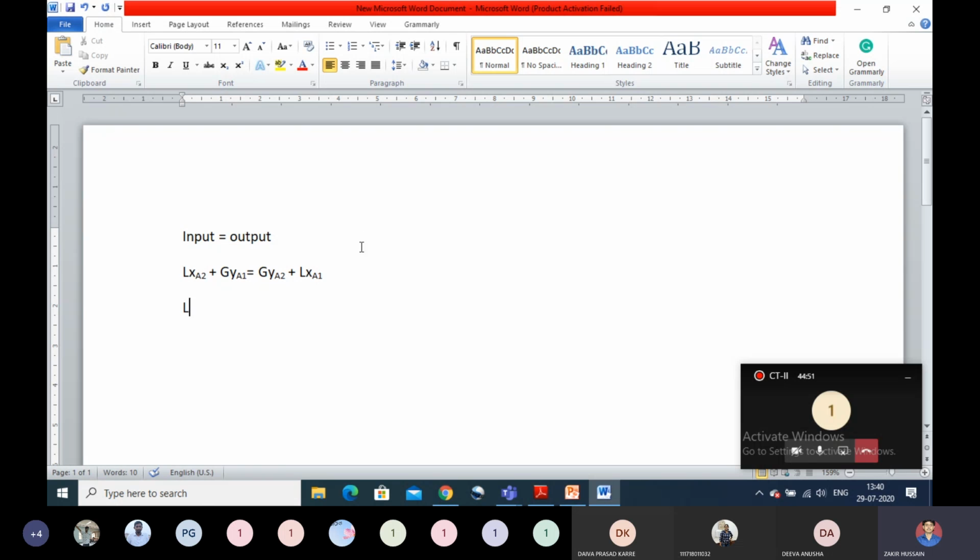Now L into XA2, plus we will bring this to that side, so minus it will become.